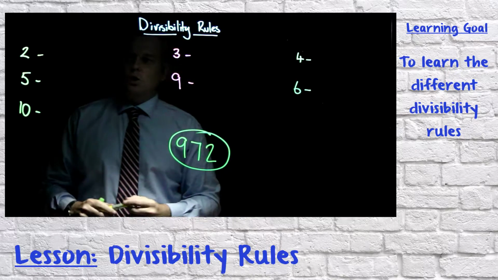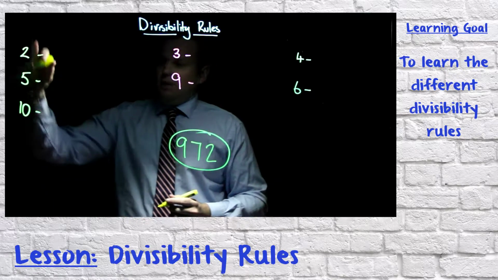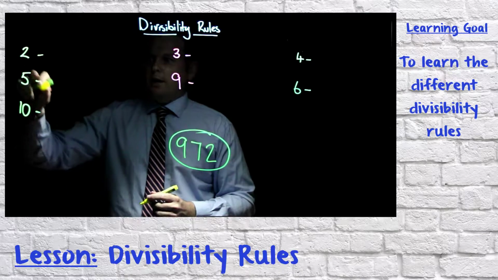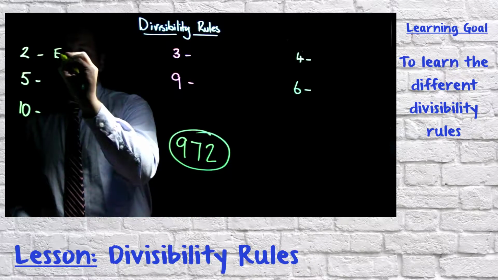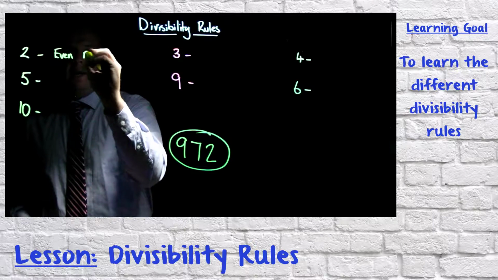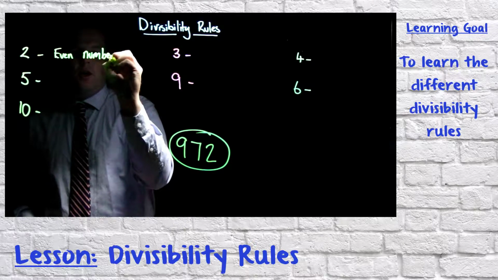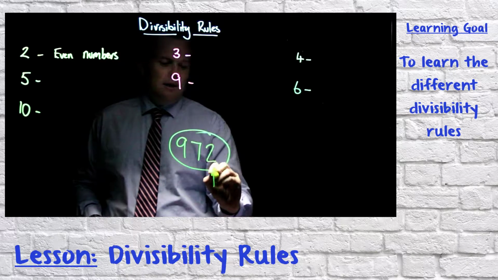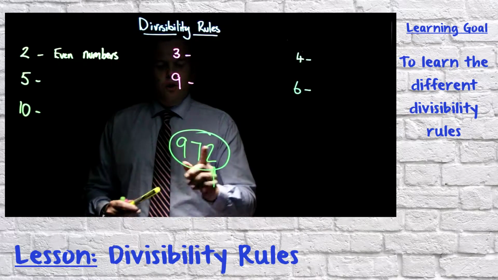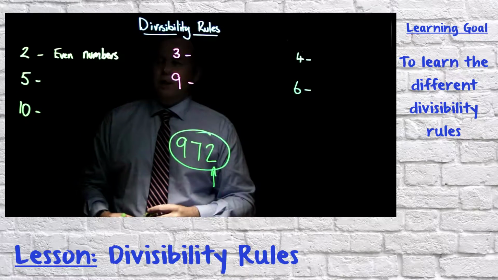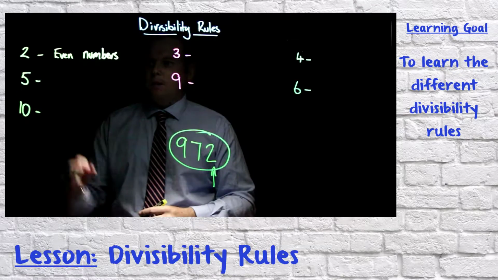We're going to start with 2. These ones here you will know already. You can divide every even number by 2. So the divisibility rule for 2 is even numbers. If it ends in an even number, that means we can divide it by 2. So for 972, we can divide 972 by 2.